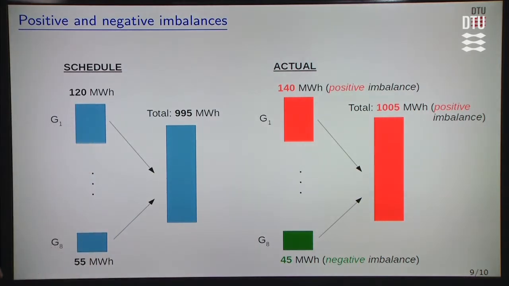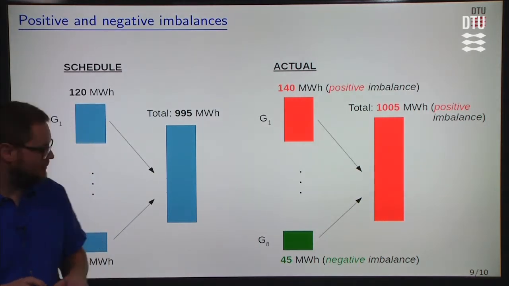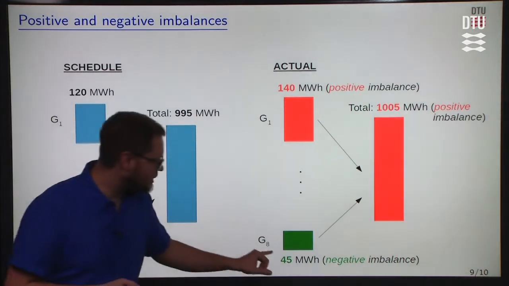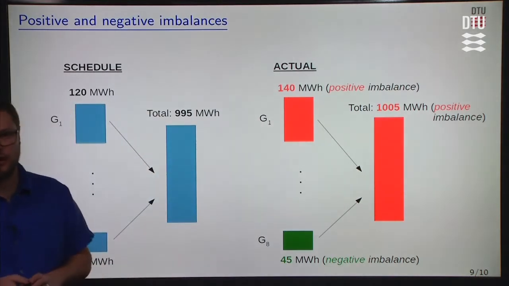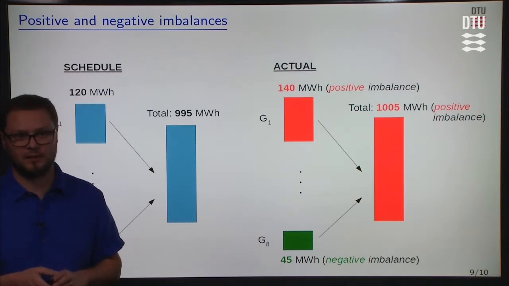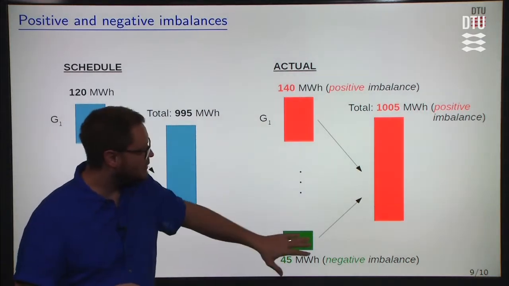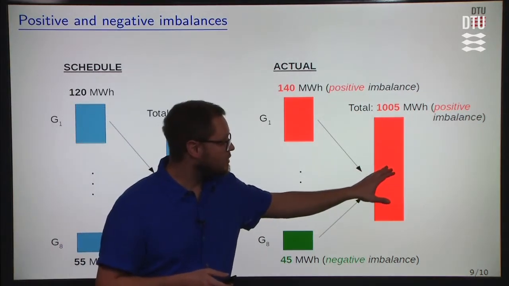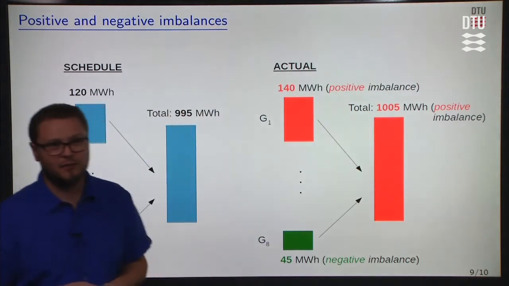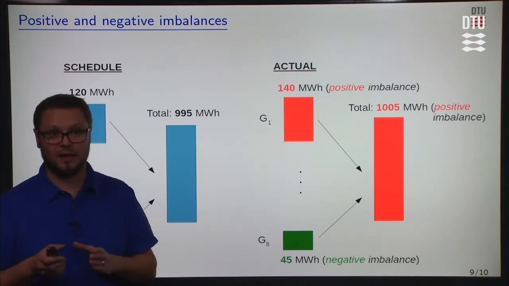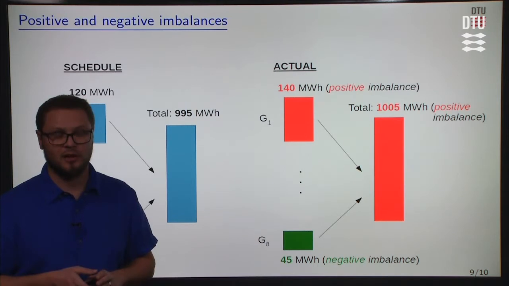For the last unit scheduled, G8, the schedule originally was 55 megawatt hour, but actually G8 is delivering 45 megawatt hours. So G8 is in a negative imbalance situation as a market participant. When we combine all these actual outcomes, the overall system situation is that we have 1,005 megawatt hours of supply for a planned consumption of 995 megawatt hours. So again, we have a positive imbalance for the system as a whole.